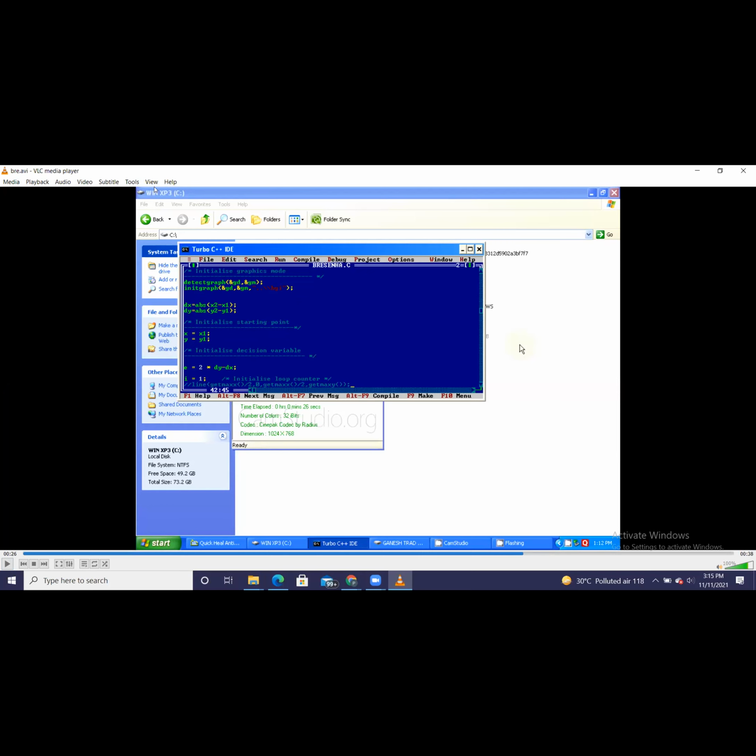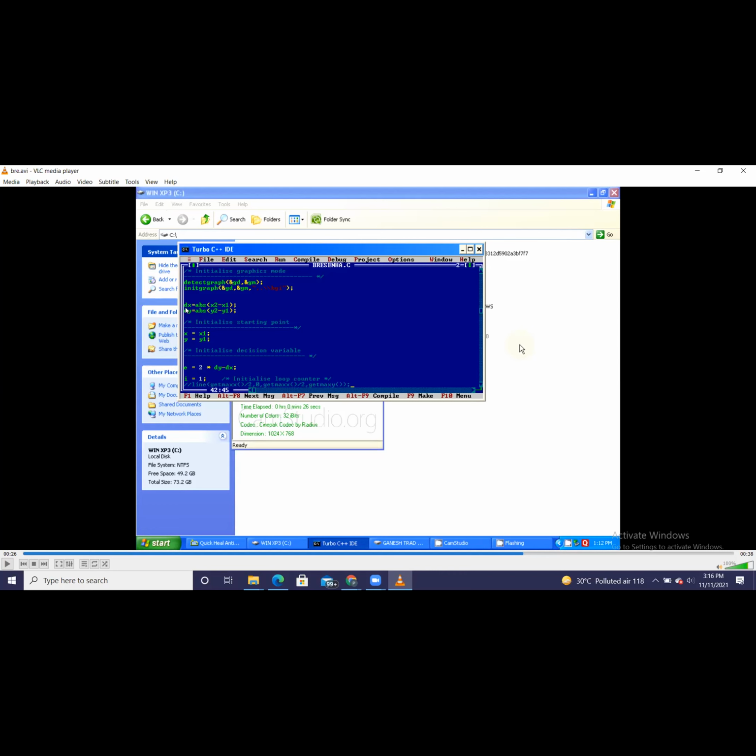So here it is initgraph. In this initgraph command, I am passing the three arguments: gd, that is graphics driver, gm, that is graphics mode, and the path for the graphics interface folder, BGI.